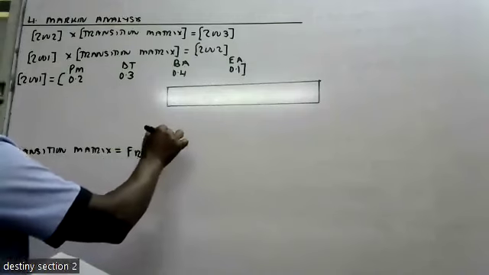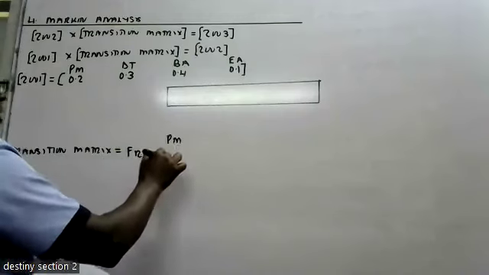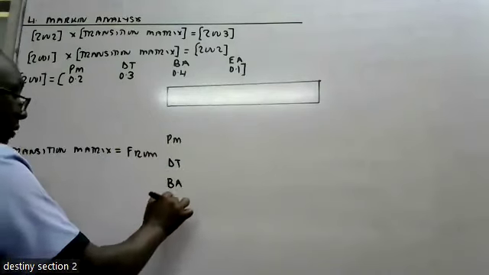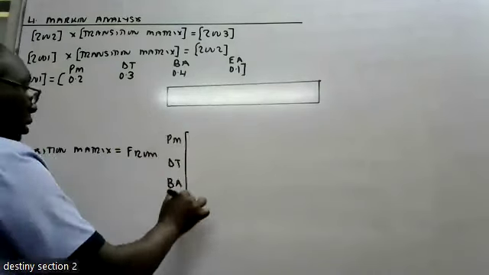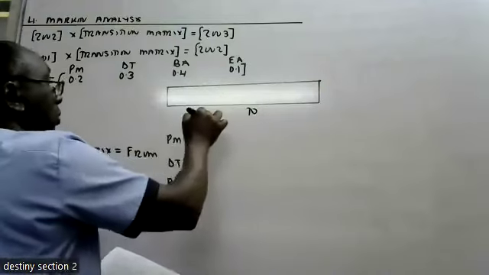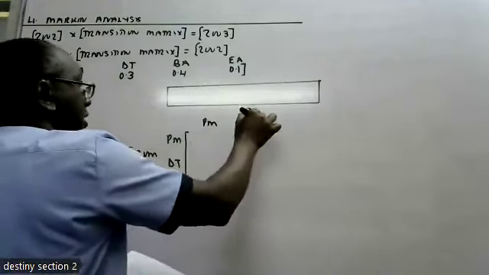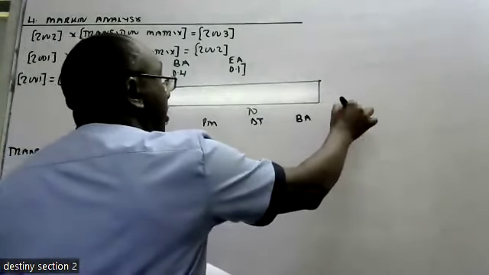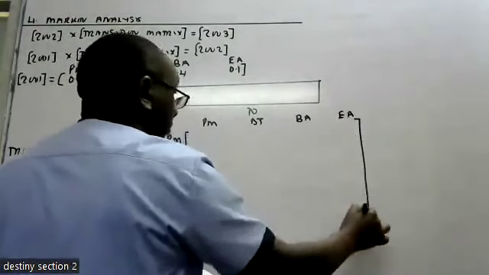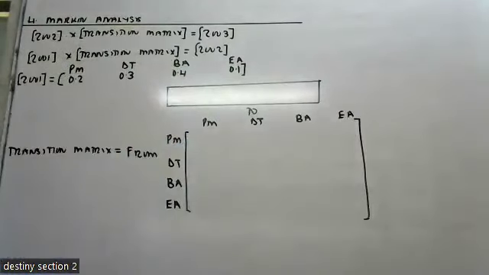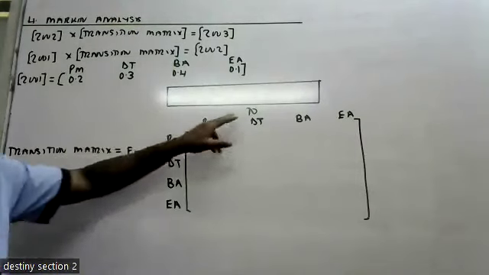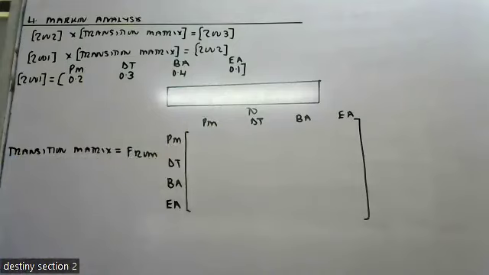We are from PM, DT, BA, and EA, to PM, DT, BA, and EA. That is the design of a transition matrix. It shows us where we are coming from to where we are going.